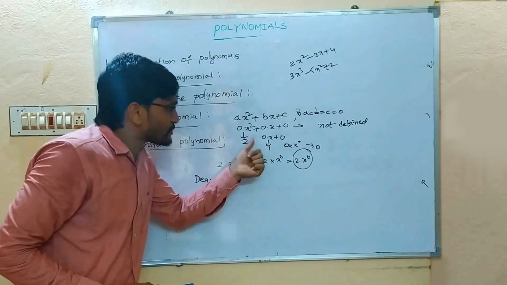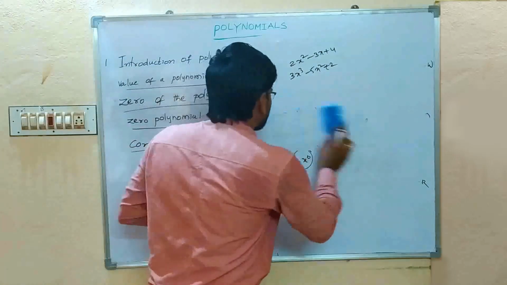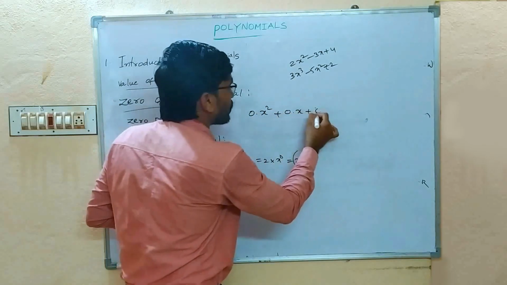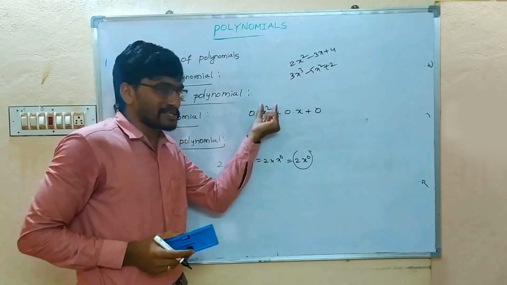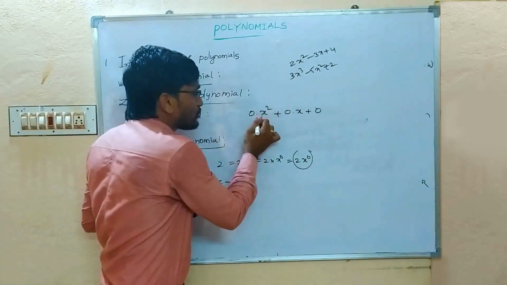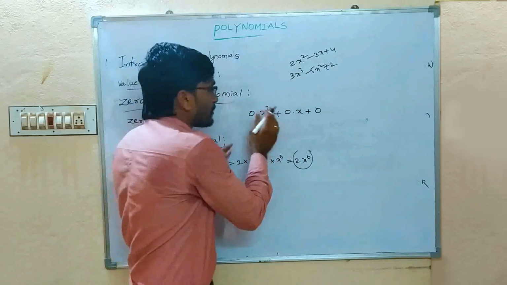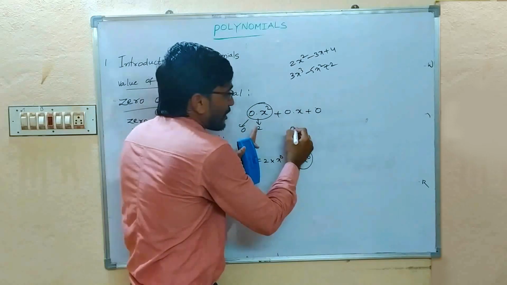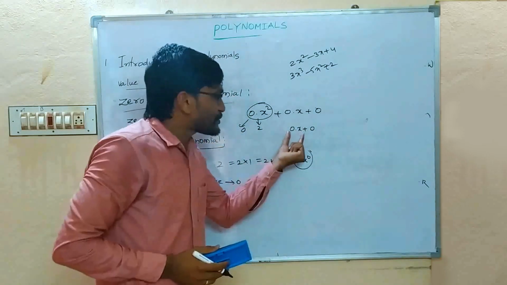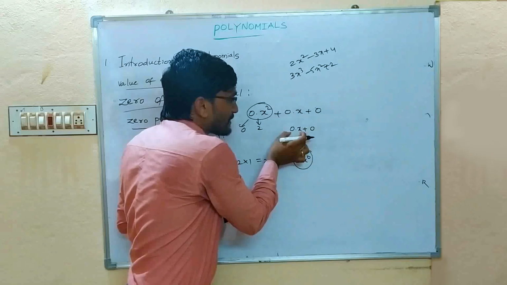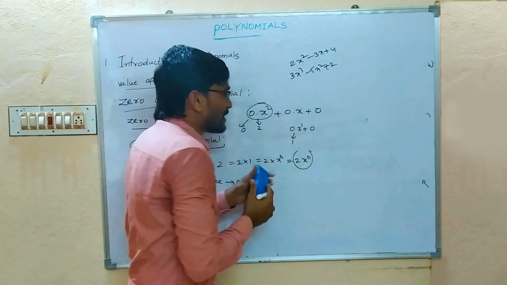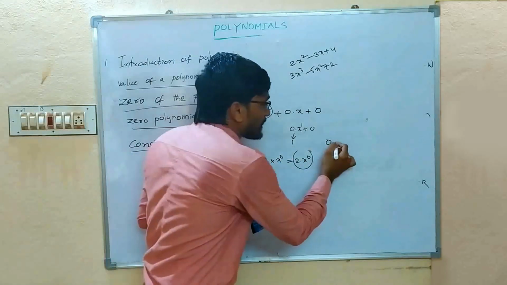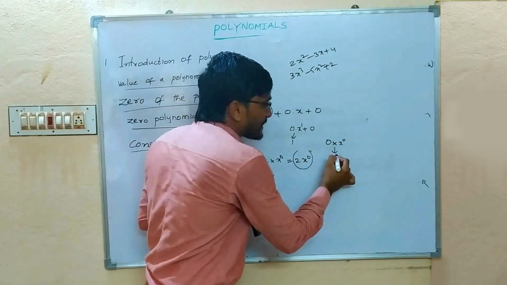Again I am telling this: if we consider the polynomial 0 into x square plus 0 into x plus 0, 0 into x square has highest power 2, so the degree is 2. But 0 into x square is nothing but 0. Leave this term. Then we have remaining 0 into x plus 0. Here the highest power is 1, so the degree is 1. 0 into x is nothing but 0, and this 0 can be written as 0 into x power 0. Here the degree is 0.